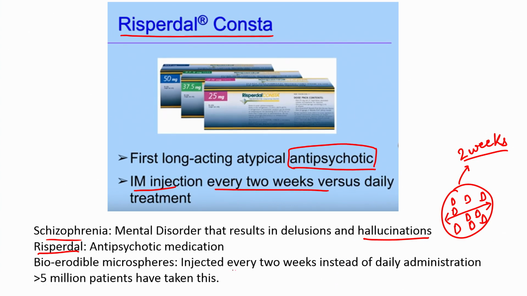This is injected every 2 weeks, as I said, and it has resulted in more than 5 million patients using it. This is just a very classic example of how small improvements in bioengineering can play a big role in improving patient lives by a huge margin.